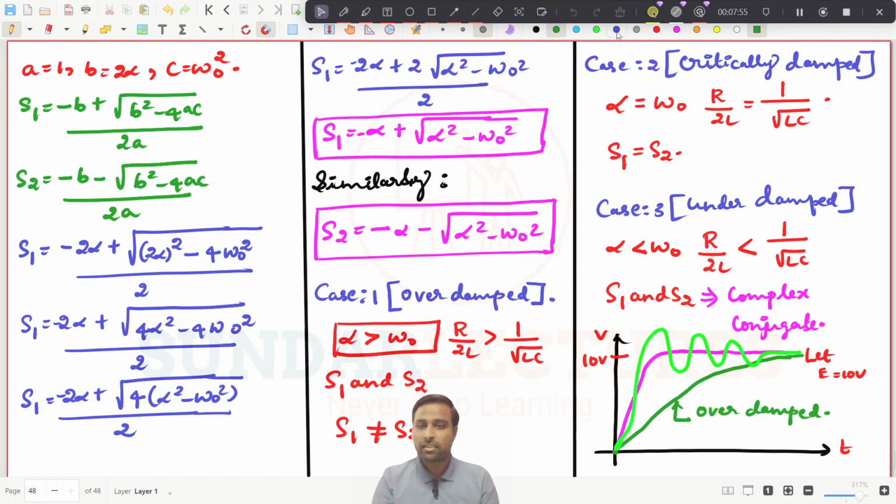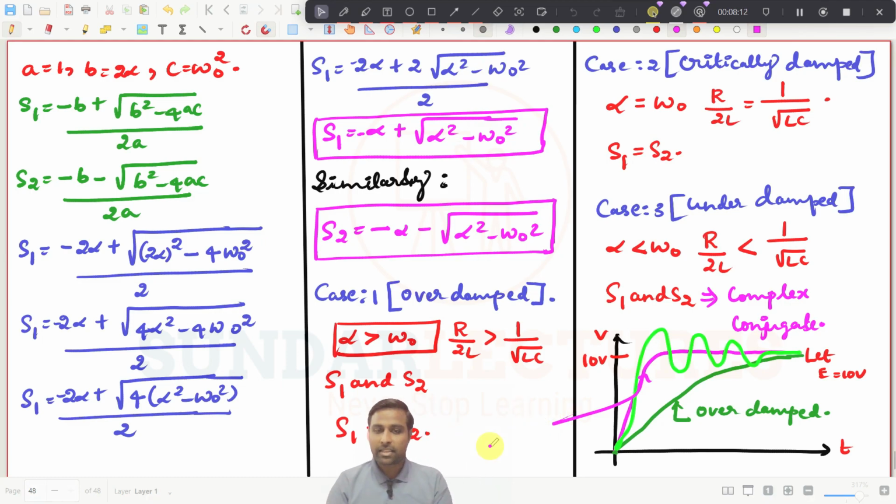And if it reaches the value of 10 volts in some reduced time, then that condition will be critically damped.